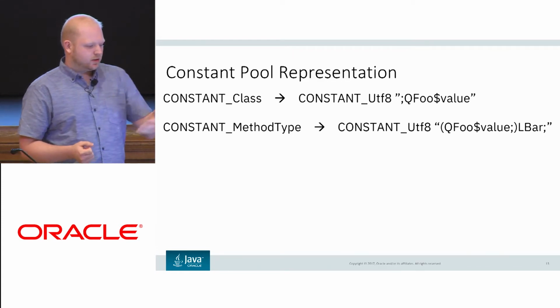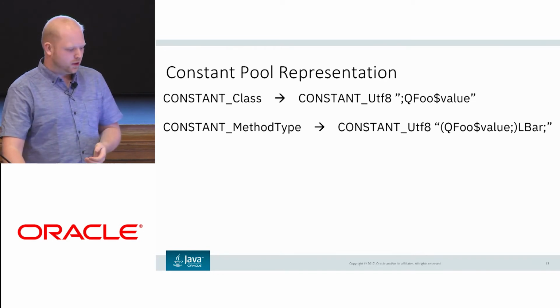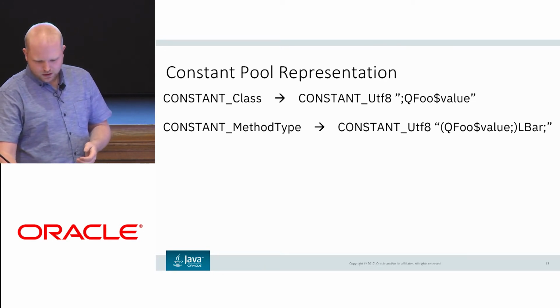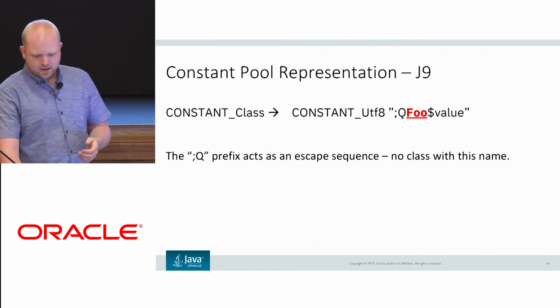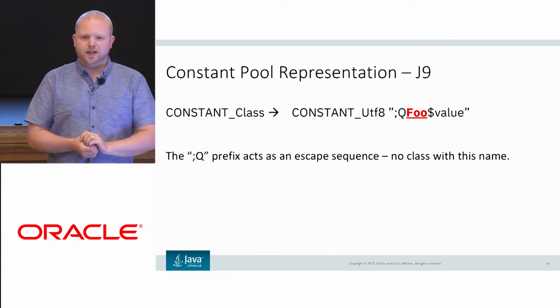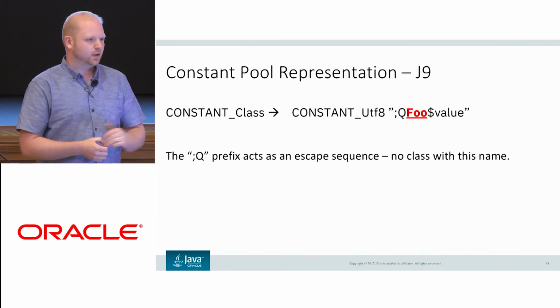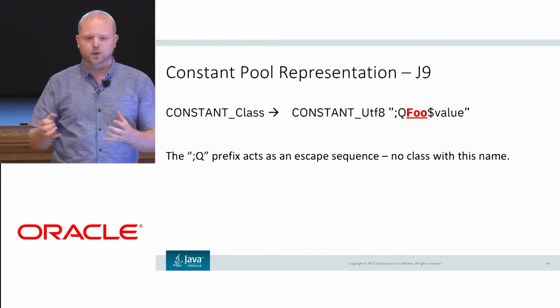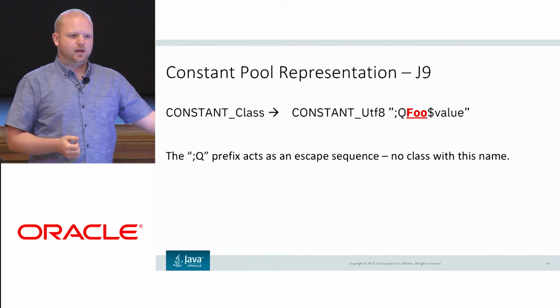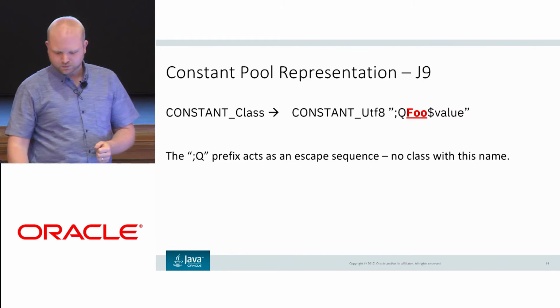But in a descriptor, for example, it becomes just Q foo dollar value. So in J9, as I mentioned, we don't actually have different names, but because both the prefix and suffix are predictable, semicolon Q and dollar value, we just drop both, and then we can load the value capable class, which knows where the derived value class is, so we have what we need.